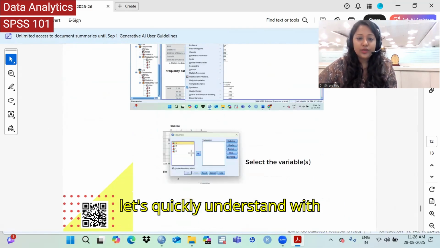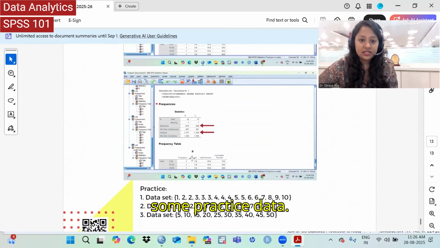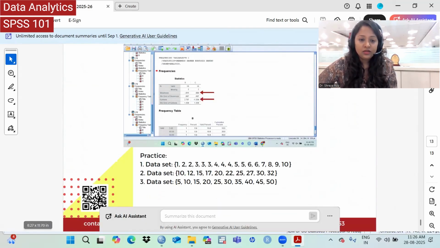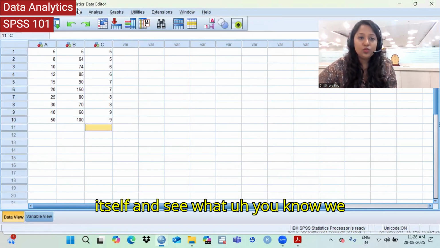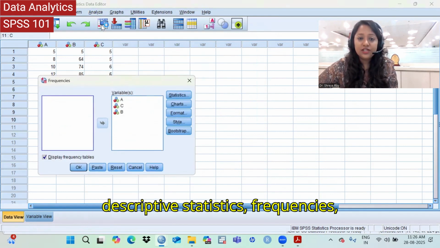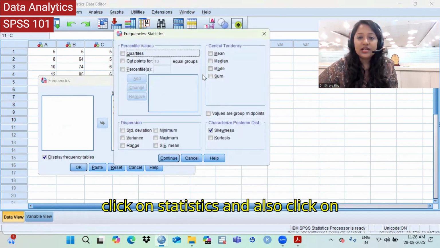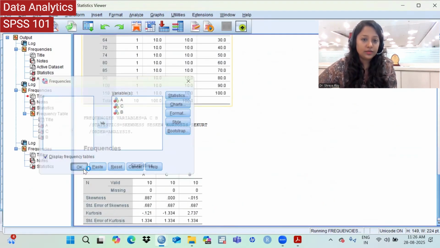Okay, let's quickly understand with some practice data. Okay, we'll quickly run through this data itself and see what we are getting. So analyze, descriptive statistics, frequencies, click on statistics, and also click on kurtosis, click on continue, click on OK.